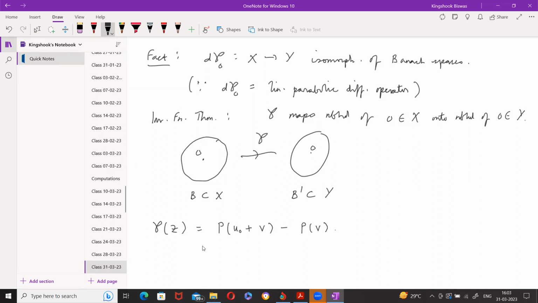Now, P of U naught plus Z minus P of U. So this is equal to P of U naught plus Z, minus P of V. Yeah, U naught plus Z, minus, this is my V.